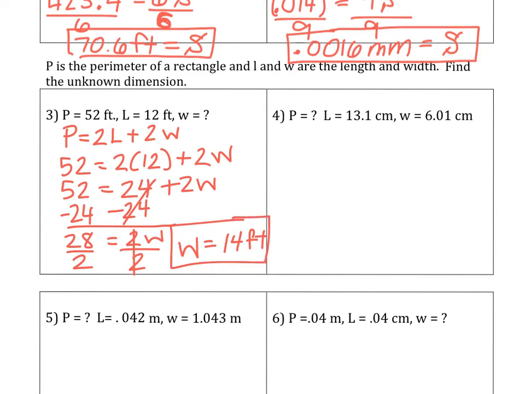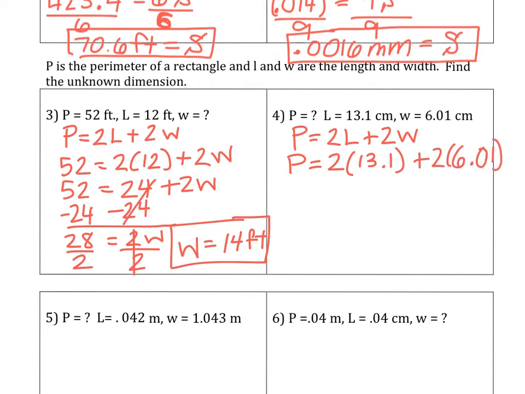Number 4, same thing. We are going to use our formula. We're going to plug in what we know. We don't know the perimeter this time, but we do know that the length is 13.1 centimeters and the width is 6.01 centimeters.